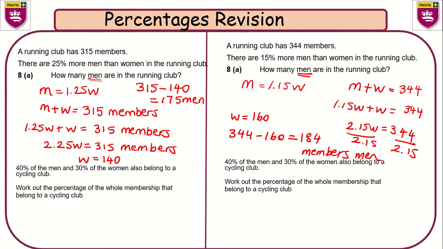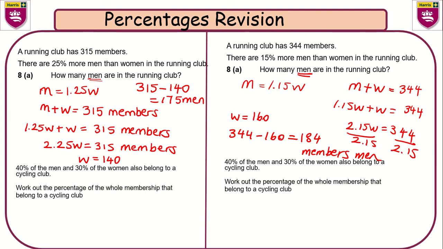So you've got 175 men and 140 women. They're telling you that from this total amount, 40% of the men also belong to the cycling club, and 30% of the women also belong to the cycling club. So we're going to try and find out 40% of men and 30% of women, which will show you the answer for the next bit.